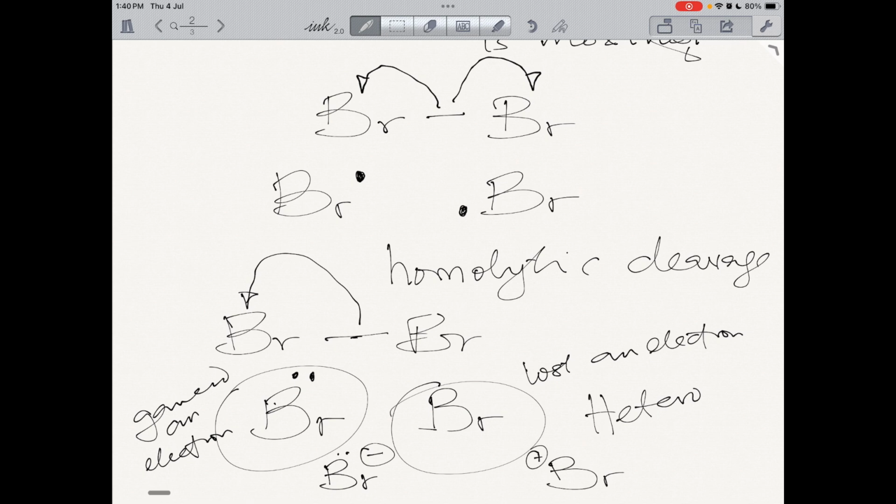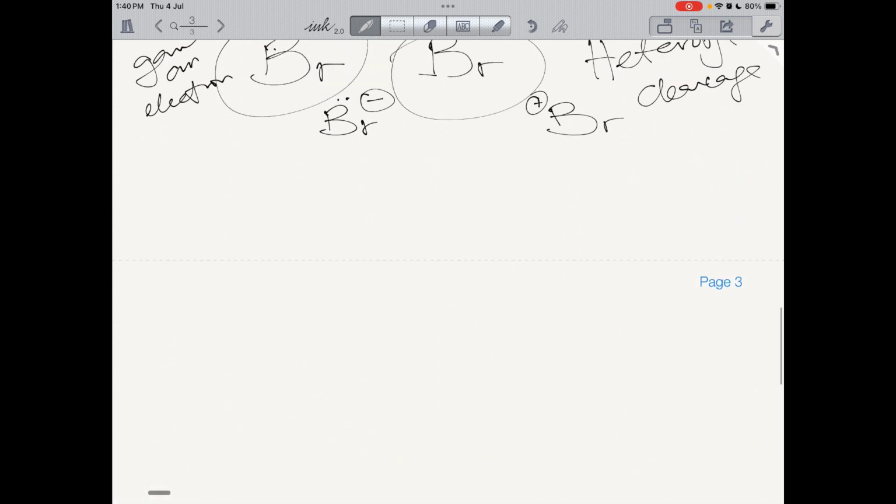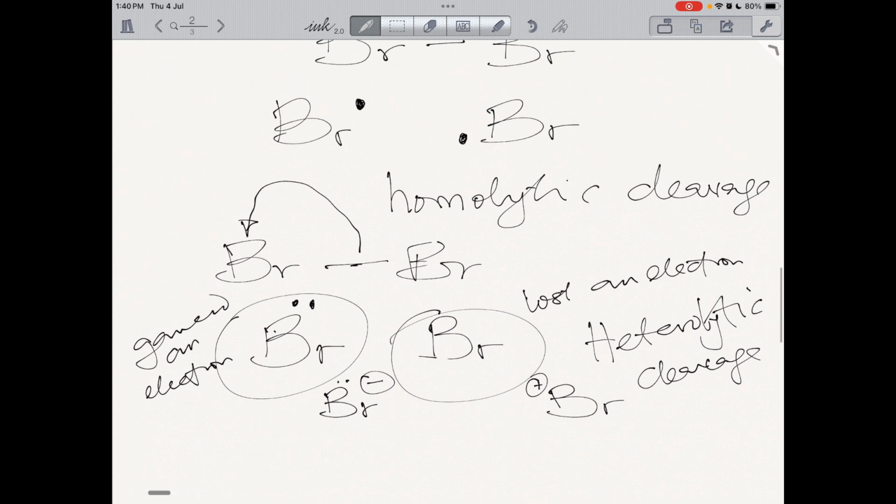So you call it heterolytic cleavage. So with this, you have an idea of how bonds break and the use of curly arrows in this kind of convention.